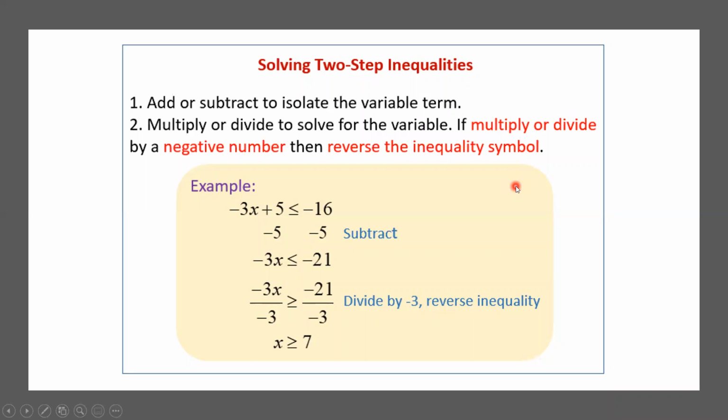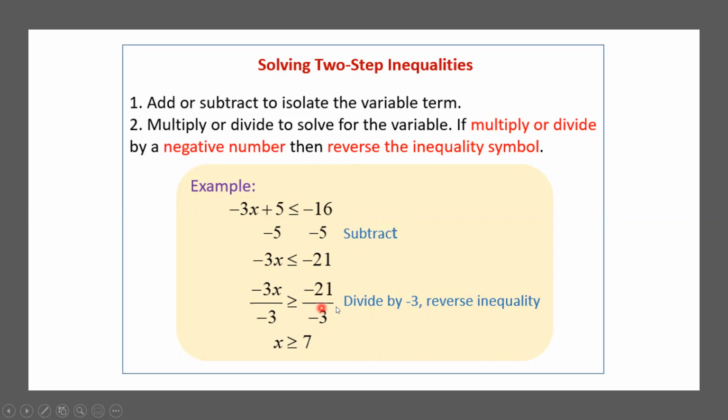Okay, so solving two-step inequalities guide. Add or subtract to isolate the variable term, multiply or divide, solve for the variable. If we multiply or divide by a negative number, then reverse the inequality symbol. Okay, same thing we spoke about just now. So -3x plus 5 less than or equal to -16, right? Then I'm going to take this 5 to the other side. So -3x will be less than or equal to -21. Divide both sides by -3.